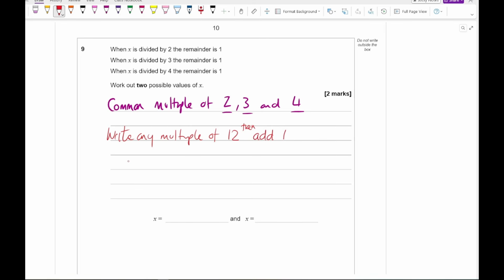So a common example will be 12 plus 1, which is 13. So that's one possible answer. Another answer would be 24 plus 1, which gives us 25.